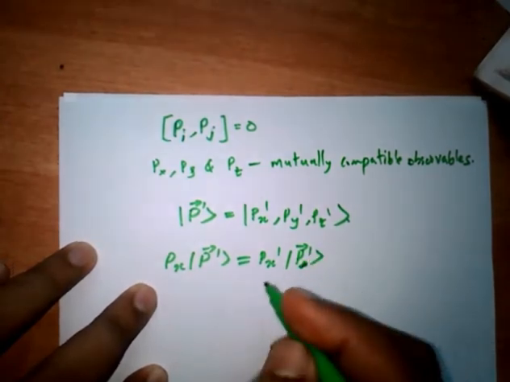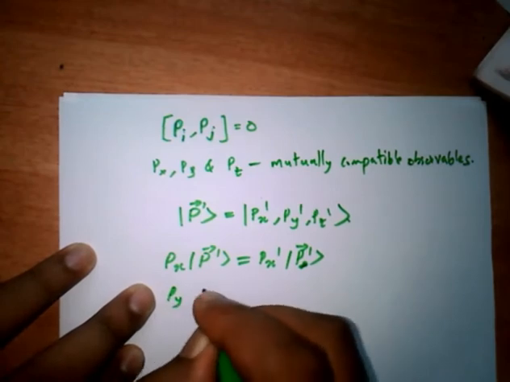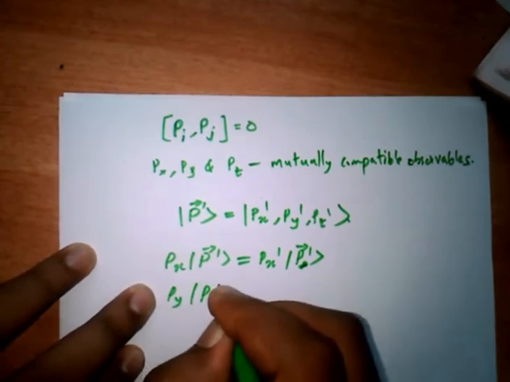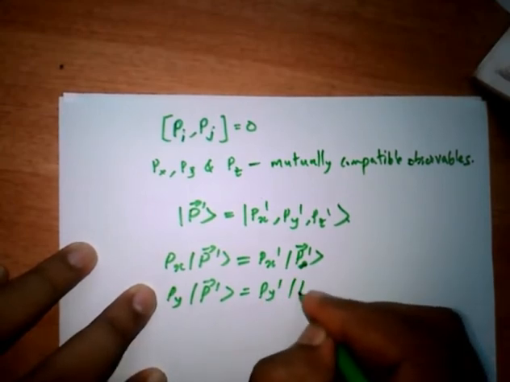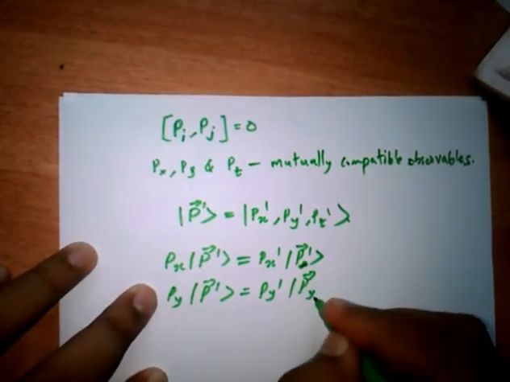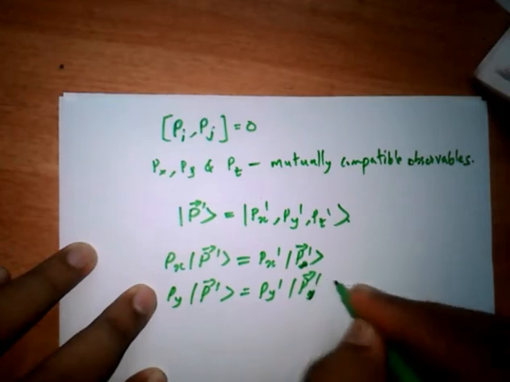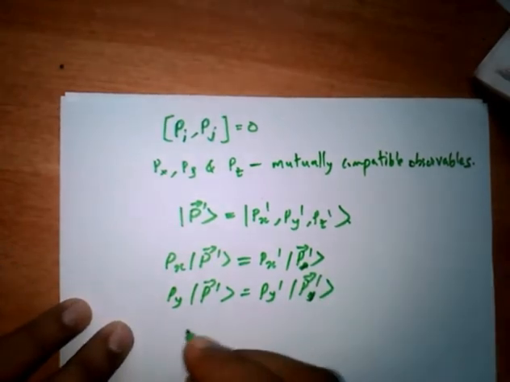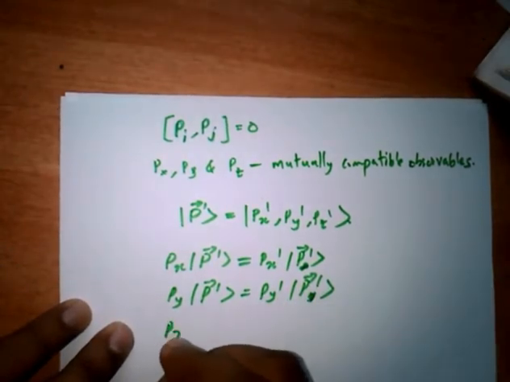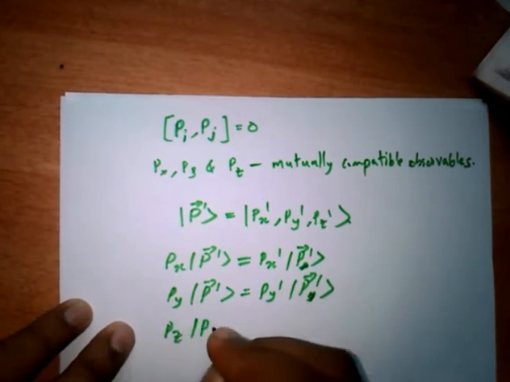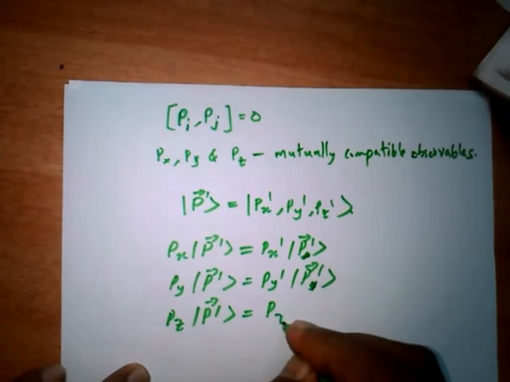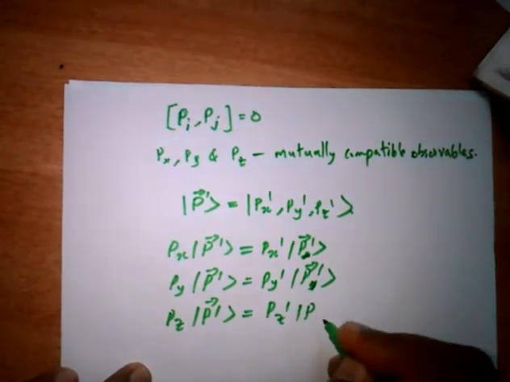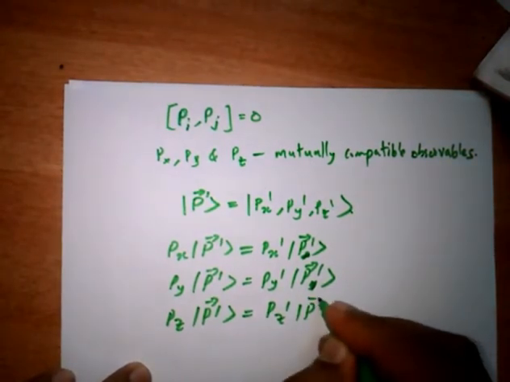Operating with py on p dash, we will get py dash times the state p dash, or operating with pz on p dash will give eigenvalue pz dash times the state p dash.